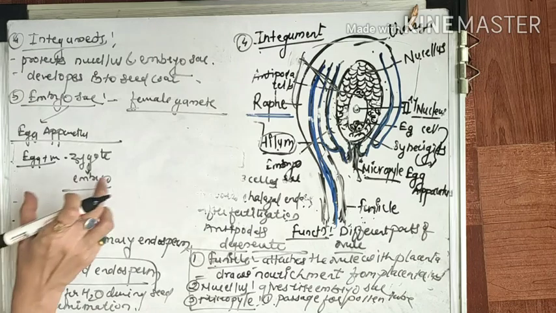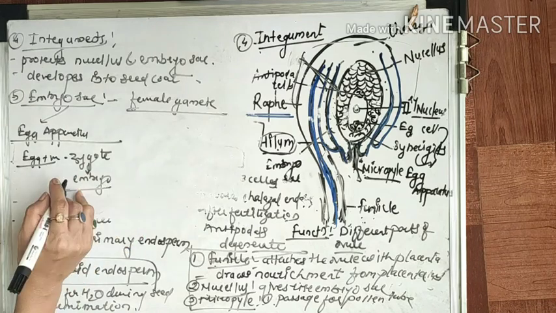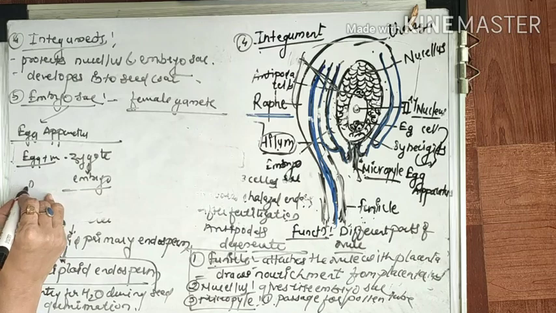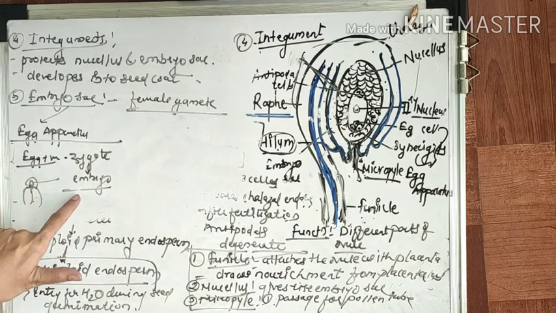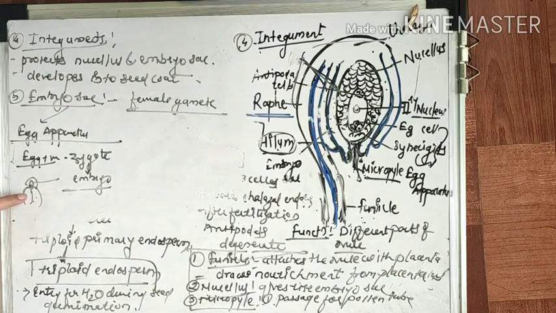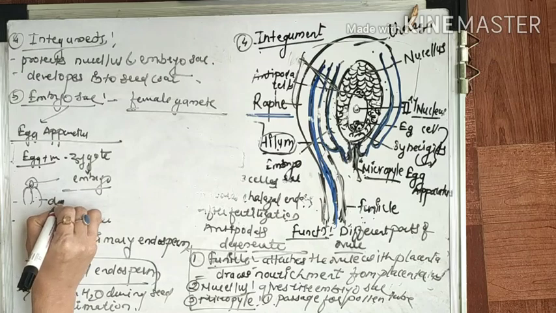Now remember, this is the egg cell. The egg cell fuses with the male gamete to form a zygote, and this zygote further develops into the embryo. After fertilization, the synergids degenerate.